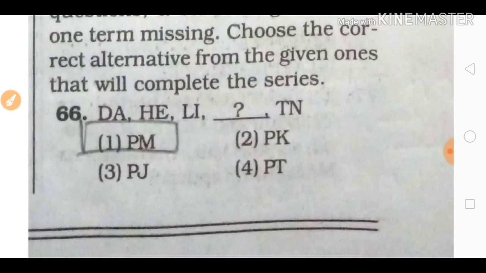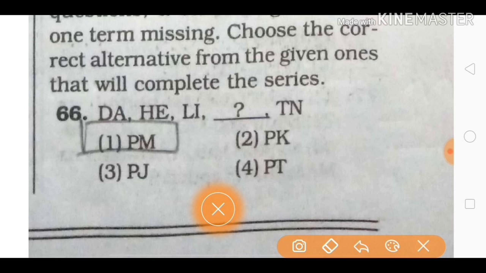The next one is, choose the correct alternative from the given ones that will complete the series, right? So what is happening in this? DA, DH. D is 4, H is 8, plus 4 is happening.